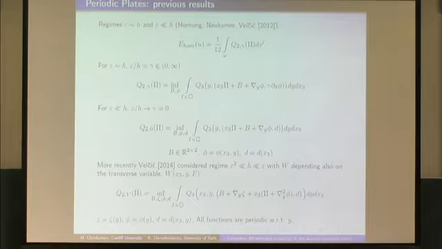So h is between epsilon and epsilon squared, right? So the period is much larger than the thickness of the plate. And he also assumed dependence of the stored energy function on the transverse variable x3. And this is his formula.